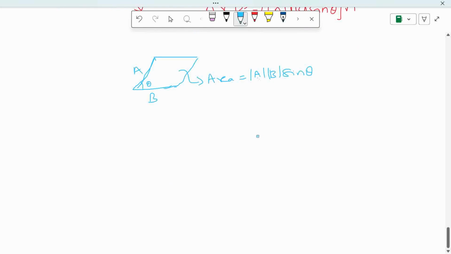Now when we are given two vectors, for example, as in the previous case, x I cap, we may use I cap or x cap to represent unit vector along x axis.